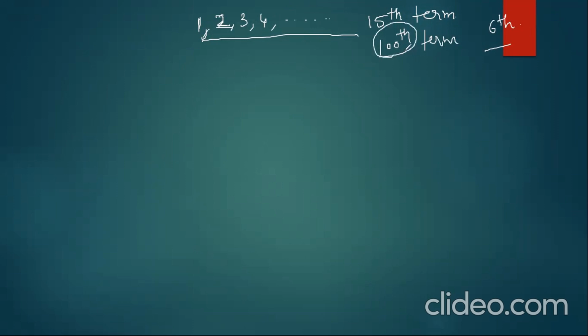In algebra, generally, if I ask you to calculate the value of 23 square, what do you do? You write 20 plus 3 and apply the standard form. In the same way, now we are writing the standard form of this.